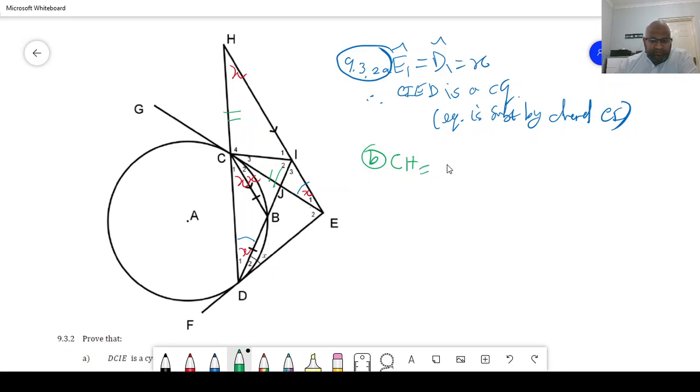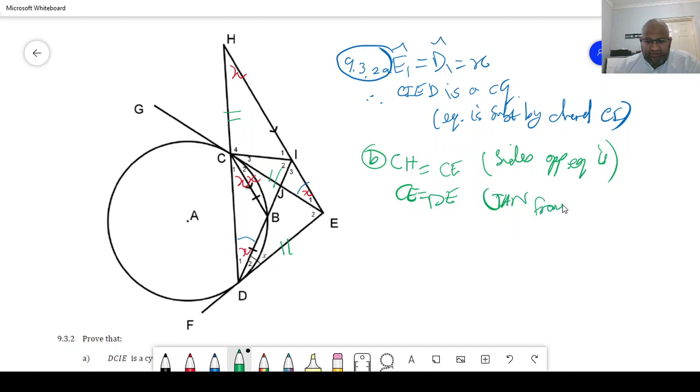So CH is equal to CE, the reason being sides opposite equal angles. Then CE is equal to DE. And why is CE equal to DE? Because of tangents from a common point, tangents from an external point.